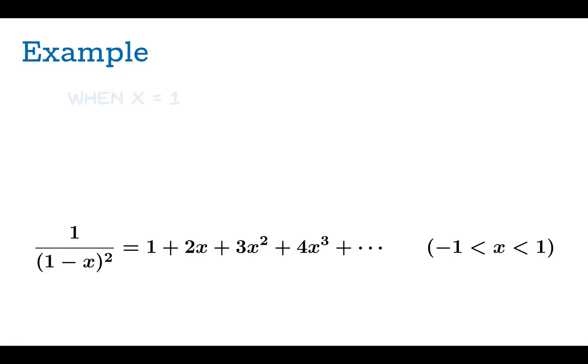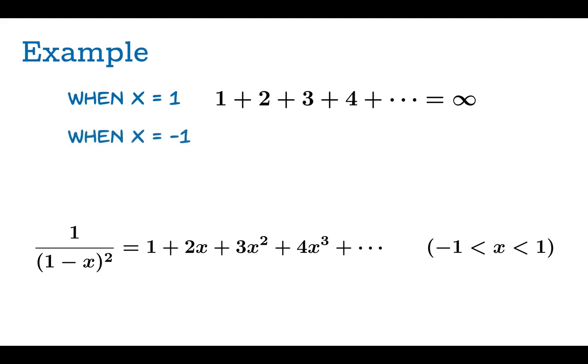So let's do that in this example, just to give you a sense of what that would look like. You'd say, okay, what happens at one endpoint here when x equals 1? Well, that power series diverges to infinity. And when x equals negative 1, you get another weird power series where, okay, that doesn't diverge to either negative infinity or infinity, but it definitely diverges because just try to play around with the partial sums there. You get 1, negative 1, then you get 2, negative 2, then you get 3, negative 3, and so on.